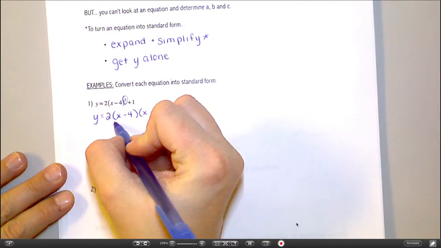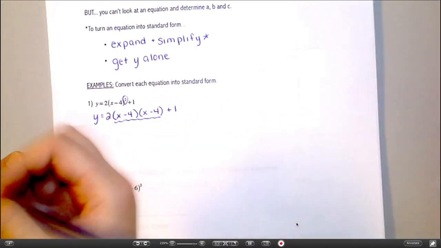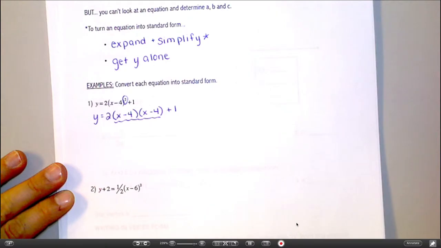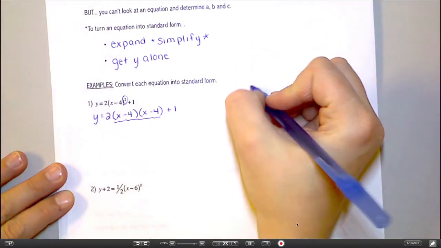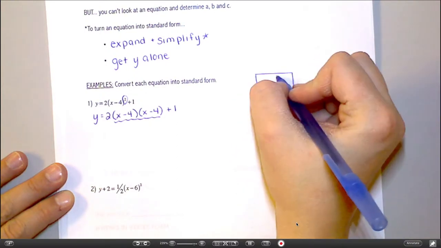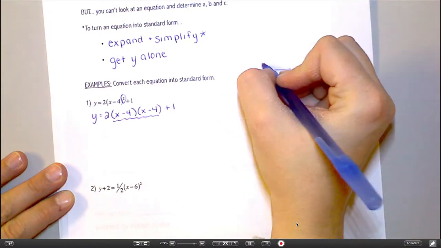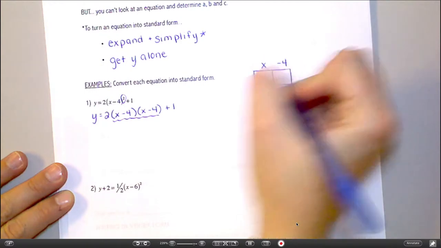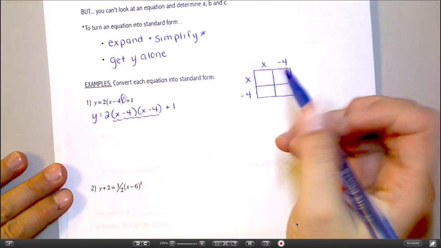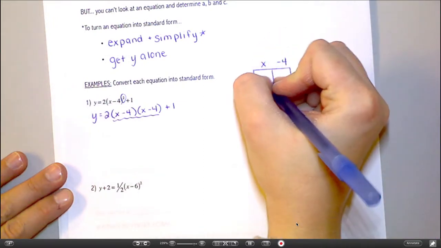I'm going to go ahead and FOIL these 2, or if you wanted to do the box, you could. Do you guys prefer the box, or do you prefer FOIL? Box. Okay. So off to the side here, I would do x minus 4 and x minus 4. So x times x is x squared.